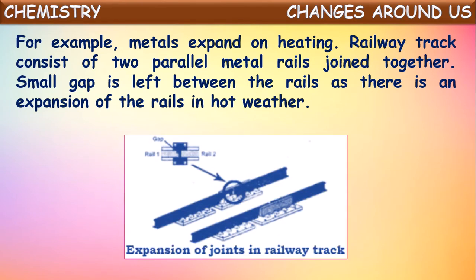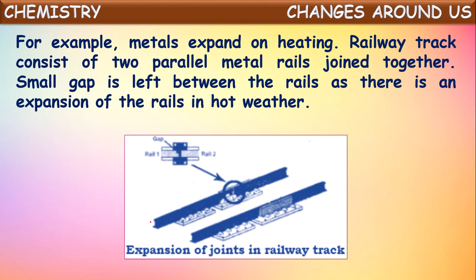Railway track consists of two parallel metal rails joined together. Have you observed metallic train rails? Railway track rails, have you observed those? If you observe, there will be two parallel metal rails joined together, isn't it? So a small gap is left between the rails as there is an expansion of these rails in hot summer weather.